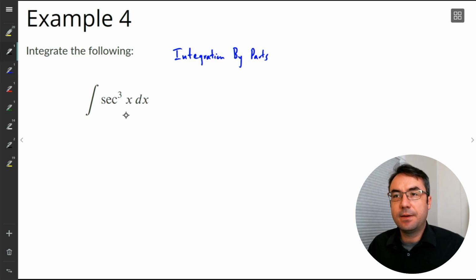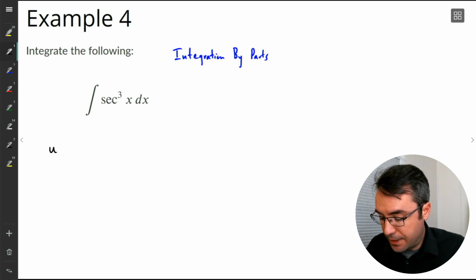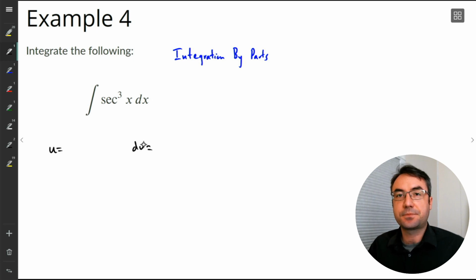So how can we kind of start ourselves off with an integration by parts here? Well, we know we need to choose u and we need to choose dv. And when we choose dv, we want to pick something that's easy to integrate. So, when we have powers of secant and powers of tan, really we have two choices for what we could pick for dv that's easy to integrate.